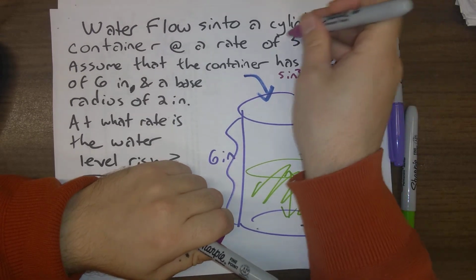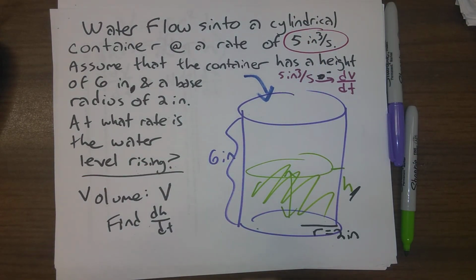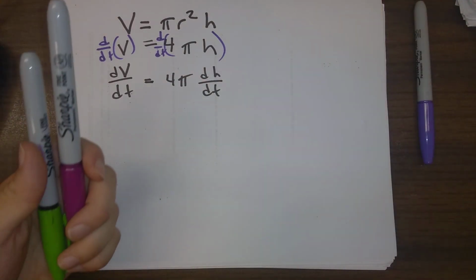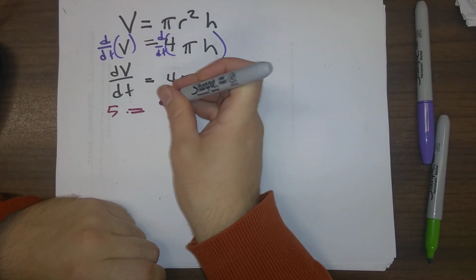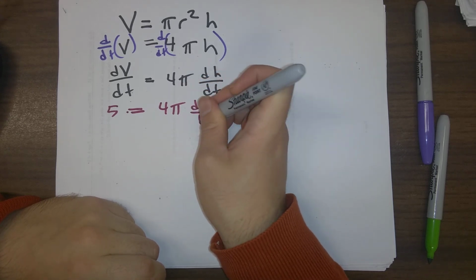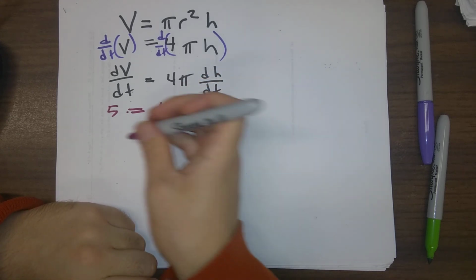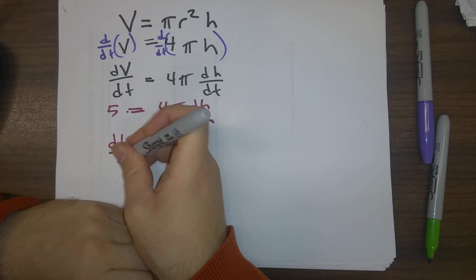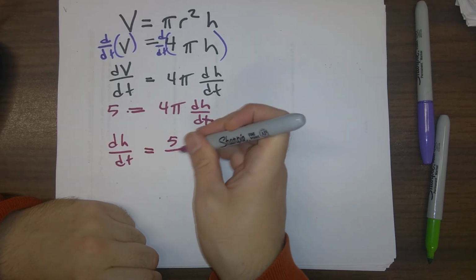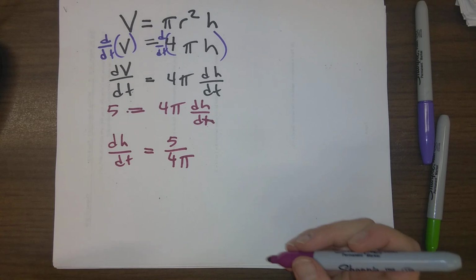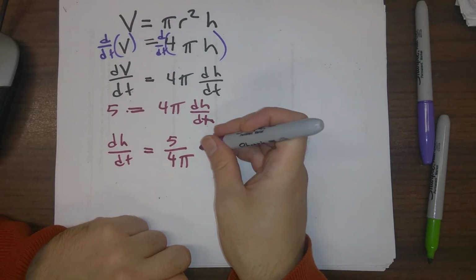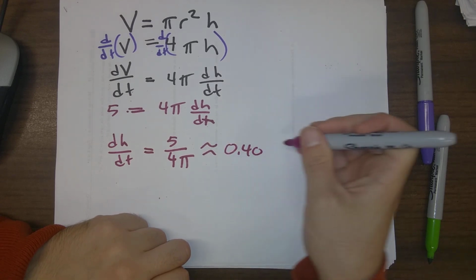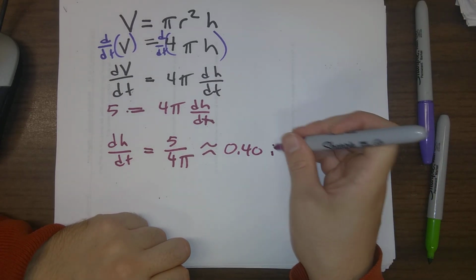And so for us to look at what's going on, 5 cubic inches per second is our dV/dt. So 5 is equal to 4 pi dh/dt. Rearrange that to get dh/dt is equal to 5 divided by 4 pi, which, if you crunch that out, is about 0.4 inches per second.